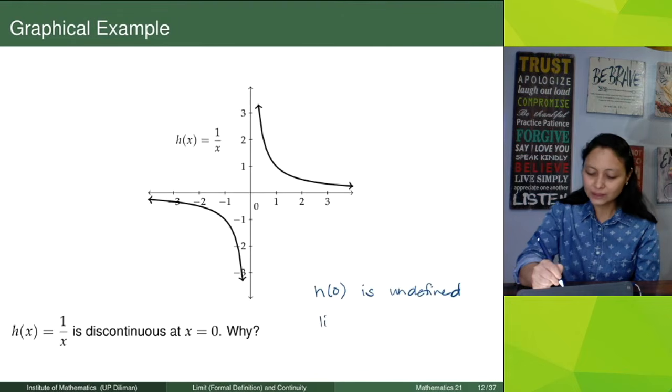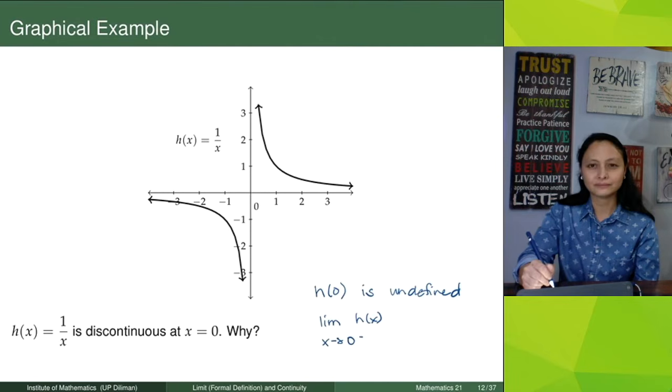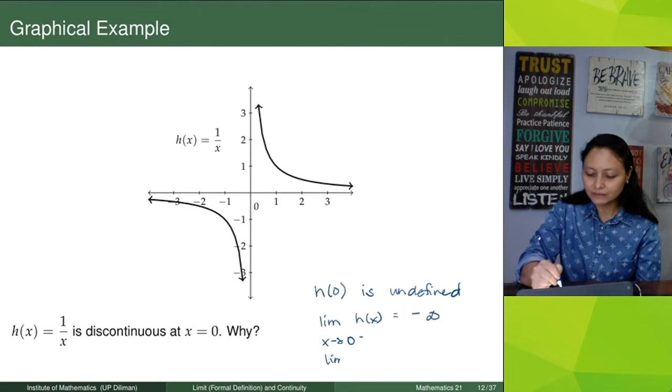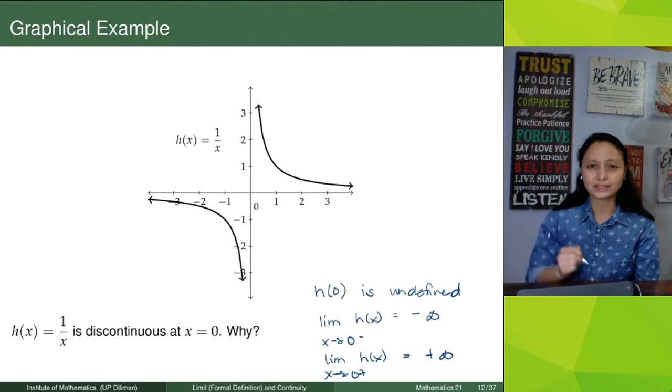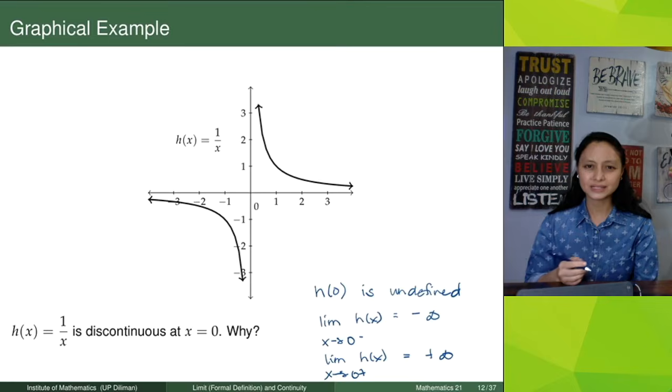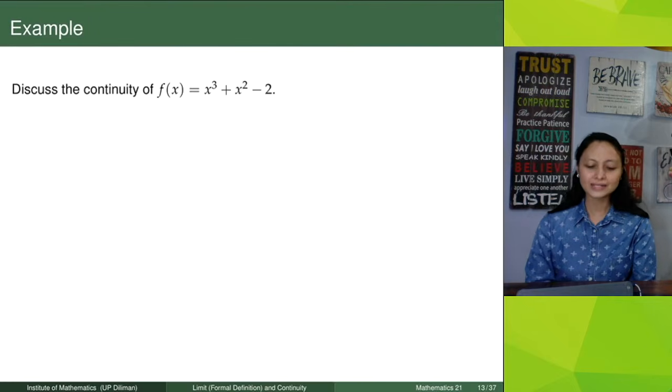Second, what can you say about the limit of h of x? As x approaches 0 from the left, this is equal to negative infinity. While the limit of h of x, as x approaches 0 from the right, is positive infinity. Okay? The limit does not exist. So suppose you're asked to discuss the continuity of the function f of x equal to x cubed plus x squared minus 2.